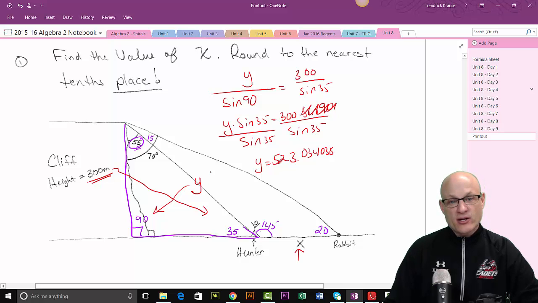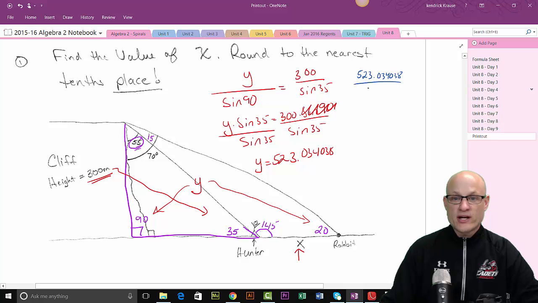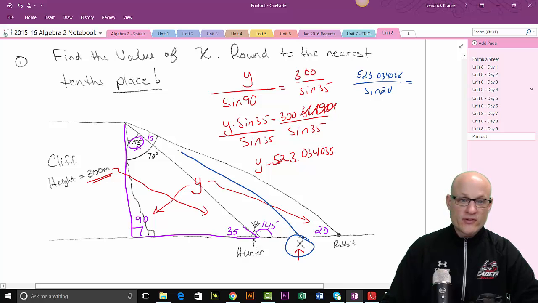Now I can get into this triangle over here. I'm going to put y over this thing. So let me get a different color. So 523.034038 over the sine of 20 is equal to, now I want to find x over the sine of 15.